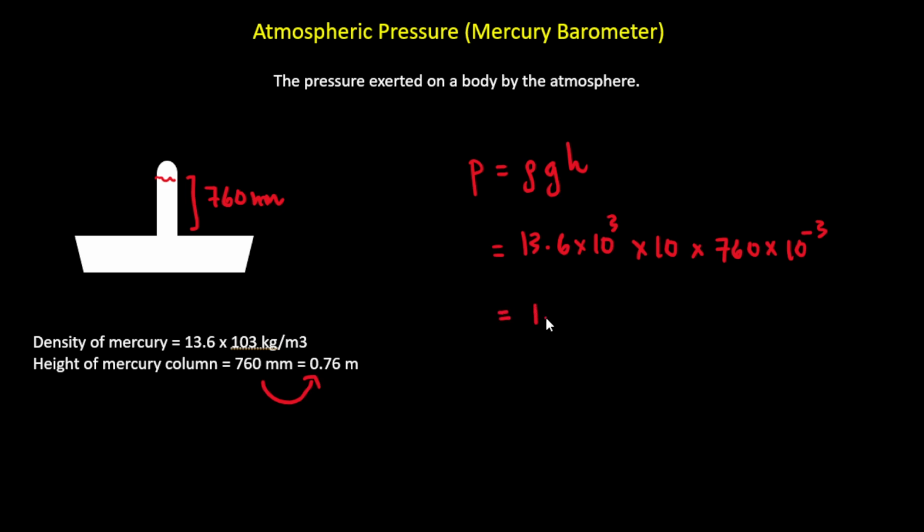You will always get 1.01 × 10^5 pascals. So try to put that in the calculator and see if you can get the same answer. Alright, so that is how you calculate atmospheric pressure.